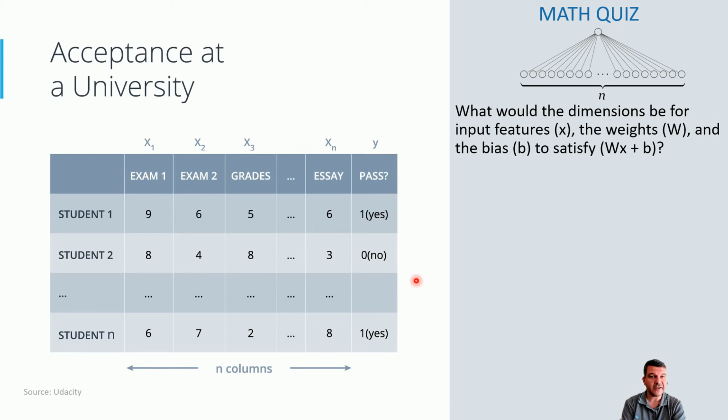We still have n inputs for one value. So we have n inputs which end up in one neuron, and the result will be 1 or 0. What would be the dimensions for the input features x, the weights w, and the bias b to satisfy wx plus b?